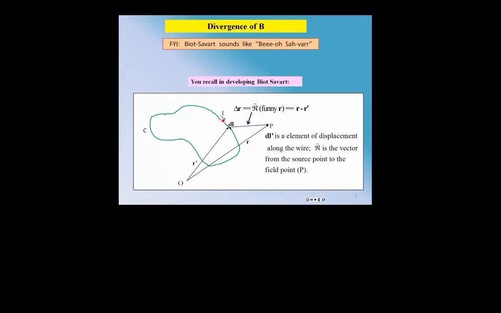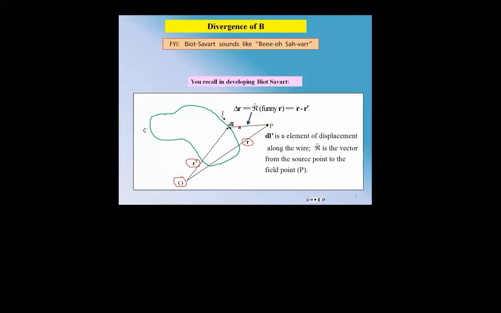This time the source is a little line element on a curve C where the current I is passing in this direction, and the position of that little vector is given by R prime. This would be like the source point for electrostatics. The field point P is given in terms of the position vector R. And all of this is relative to the origin.